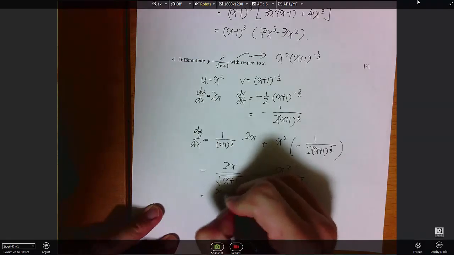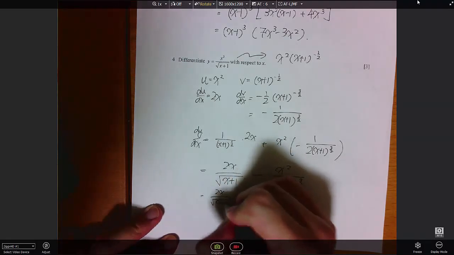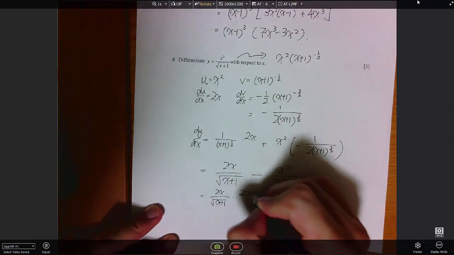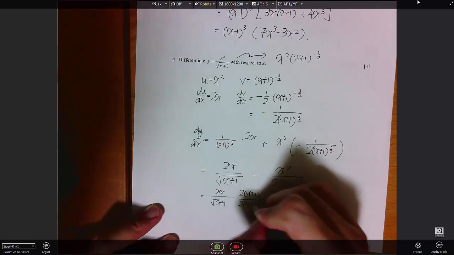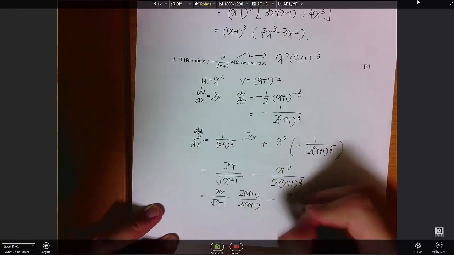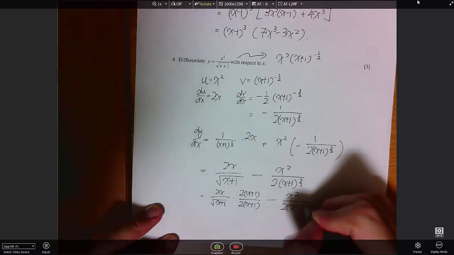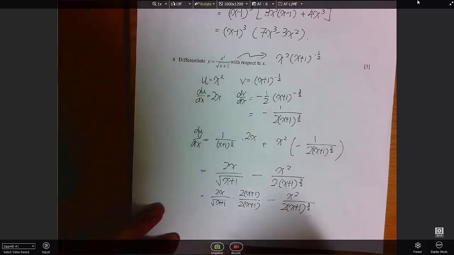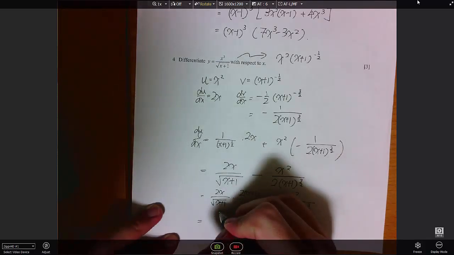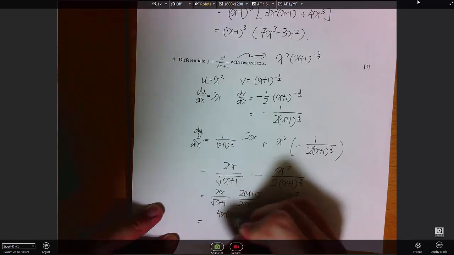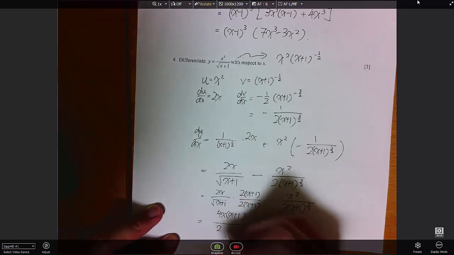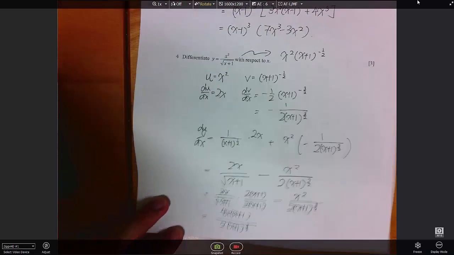So you can multiply this times 2 times x plus 1, 2 times x plus 1 minus x squared over 2 times x plus 1 to the power of 3 over 2. What I get is 4x times x plus 1 over 2 times x plus 1 to the power of 3 over 2.